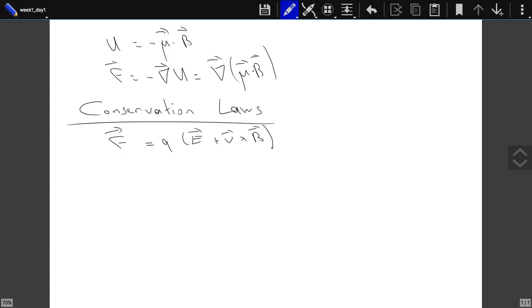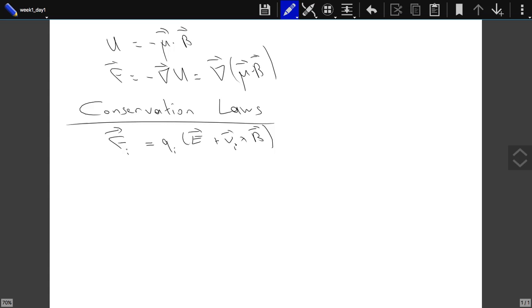So the force will be doing some work on the charged objects. Let's say this is the i-th object. Then of course the electric field and the magnetic field over there will be the fields at the position of this Qi.